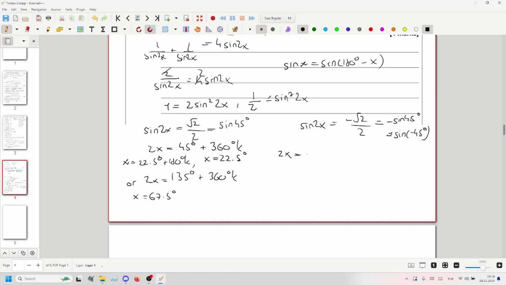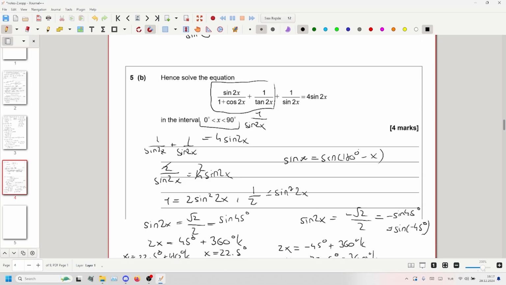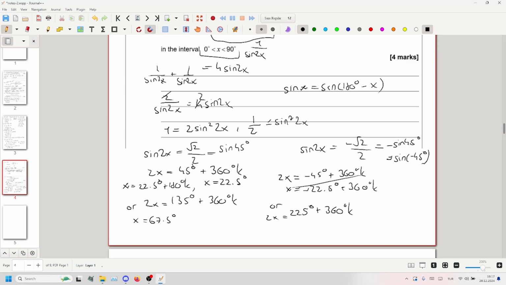So from this, we get 2x is equal to negative 45 degrees plus 360 degrees, or that 2x is equal to 180 minus negative 45 degrees, which would be 225 degrees plus 360. So from this, we get x is equal to negative 22.5 degrees plus 360k. Now, notice if we add 360 to this, this wouldn't give us a solution between 0 and 90, so this is just gone.